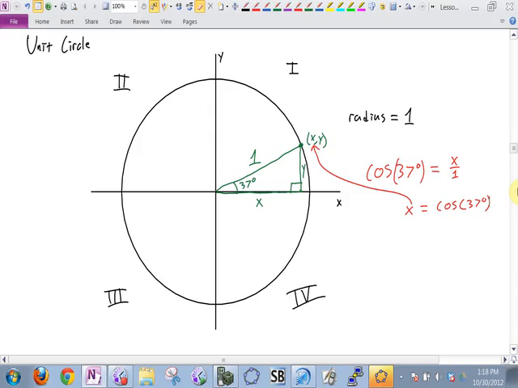So what is y? Well, what's the sine of 37 degrees according to this picture? Y over 1. So therefore, y is whatever the sine of 37 degrees is. Okay? So what does this mean?